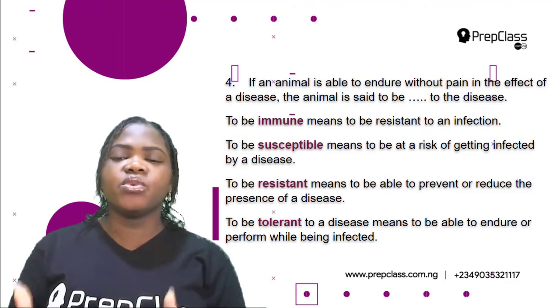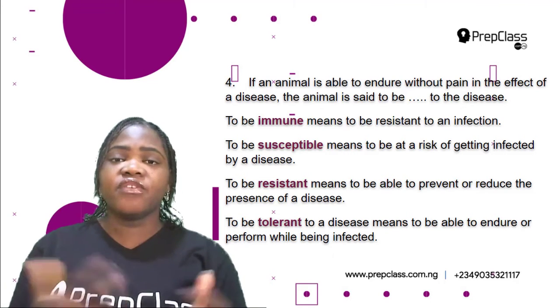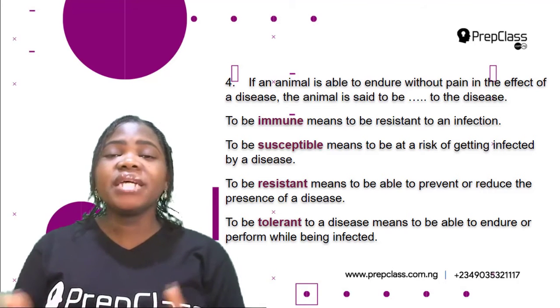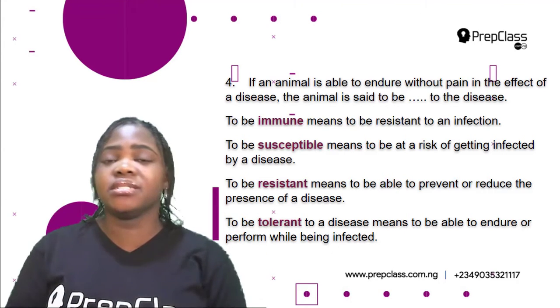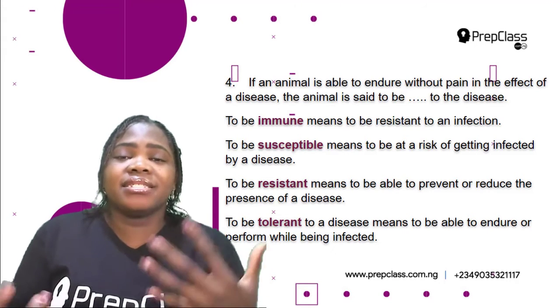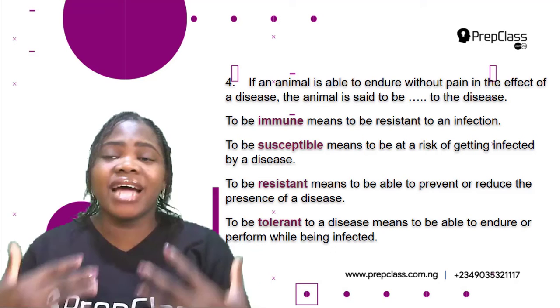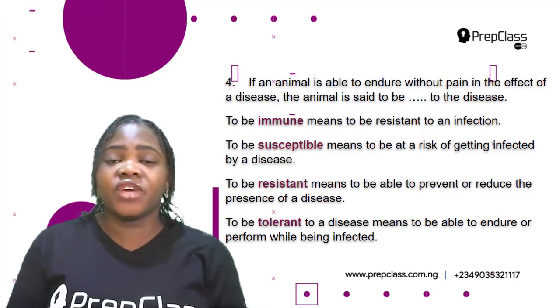To be susceptible means to be at risk of getting infected by a disease. For example, humans that have HIV are susceptible to other kinds of diseases. This is because their immune system is already so weak that they can easily get other infections. They are at risk of getting other kinds of infections.